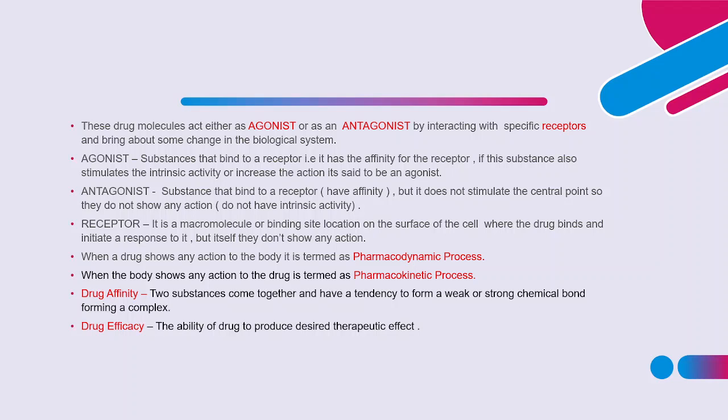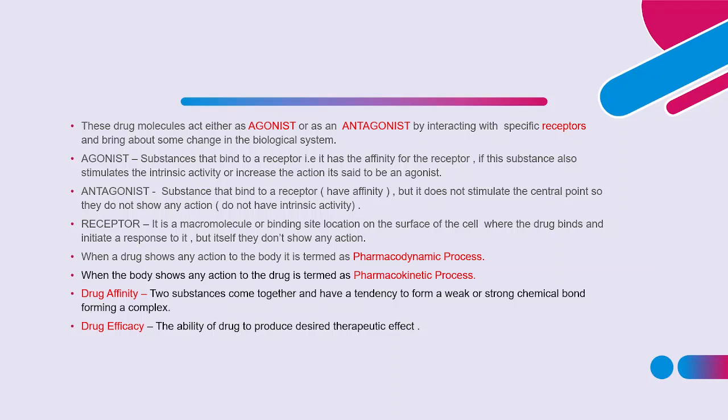That again means they are not producing anything productive. They are inhibiting the product. So agonist and antagonist have their own usefulness depending upon the actions or the end product we want. The basic difference is that agonists have both affinity and intrinsic activity, whereas antagonists have affinity but do not have intrinsic activity.